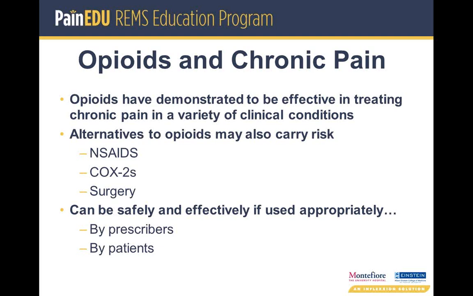And I think that while we are not purporting any answers to the controversy about opioids for chronic pain, we do at least have to understand that there are certain situations where they can be used safely and effectively if they're prescribed appropriately by prescribers and if patients understand the risks and the benefits associated with their use and the responsibility.